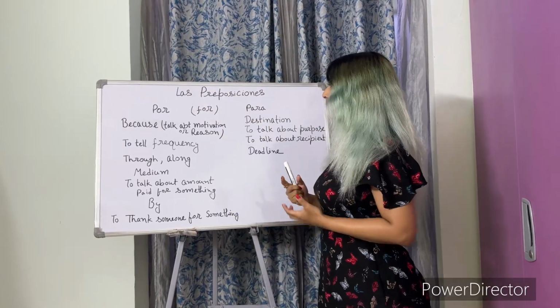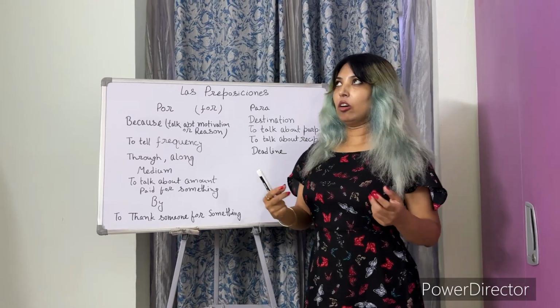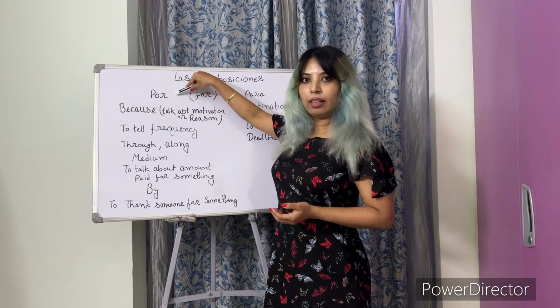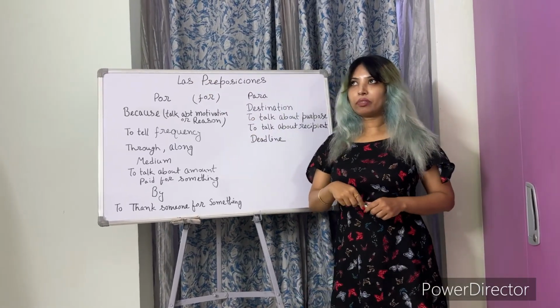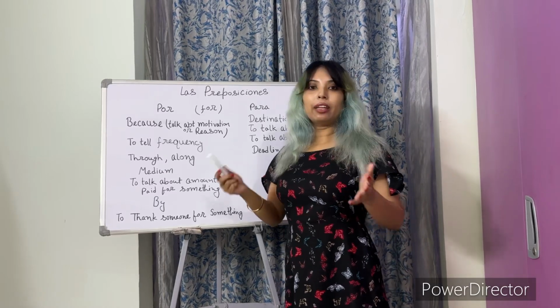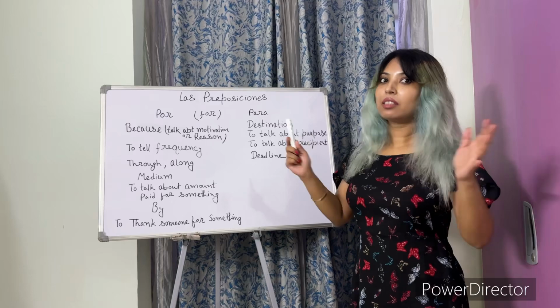And second thing, when you want to talk about frequency of any work or anything, then you are supposed to use por. Suppose I want to say I do exercise 5 days a week. So the frequency of my exercise is 5 days a week.